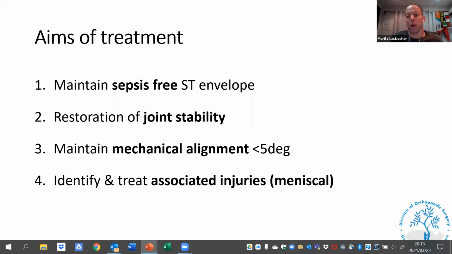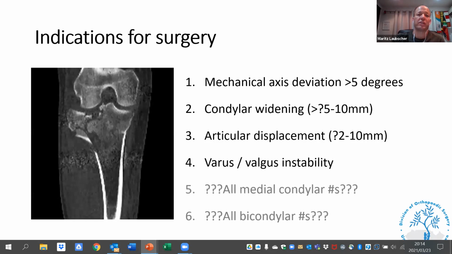In other words, that there's no bony instability by the femoral condyle falling into a depression, because either the rim is displaced or there's a big depression. To maintain mechanical alignment within 5 degrees, and to identify and treat associated injuries, specifically meniscal injuries. Meniscal injuries are important to identify because they are associated with a poor outcome if not addressed.